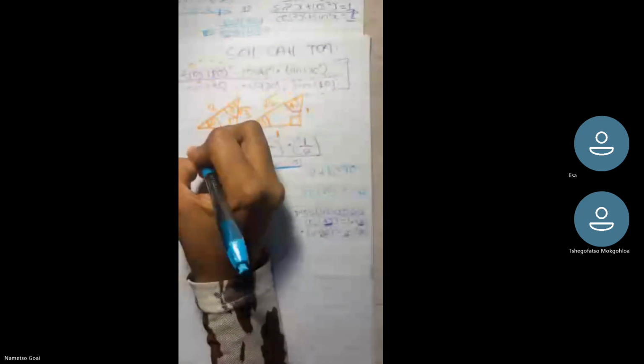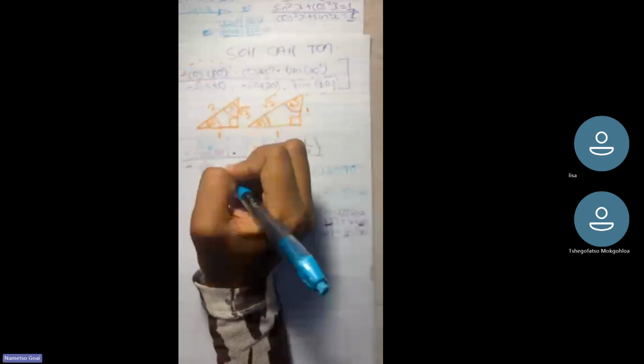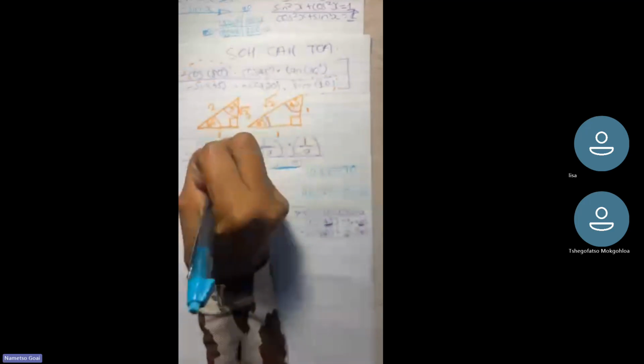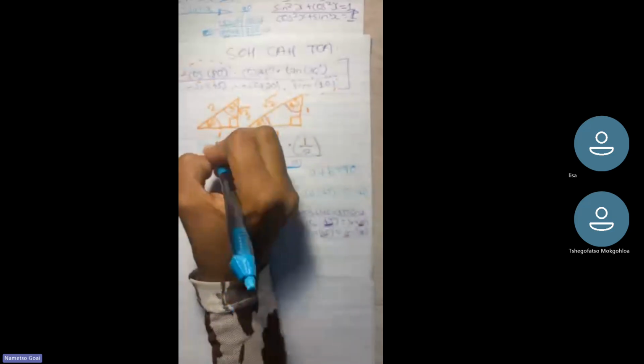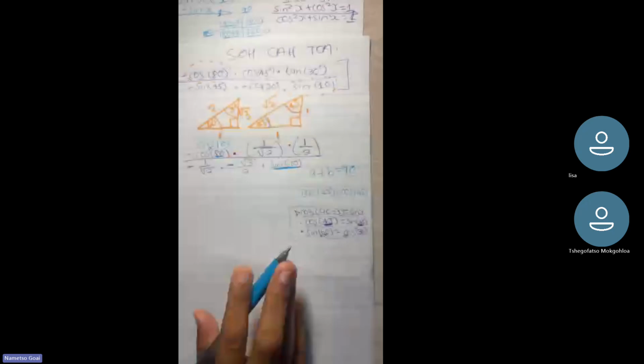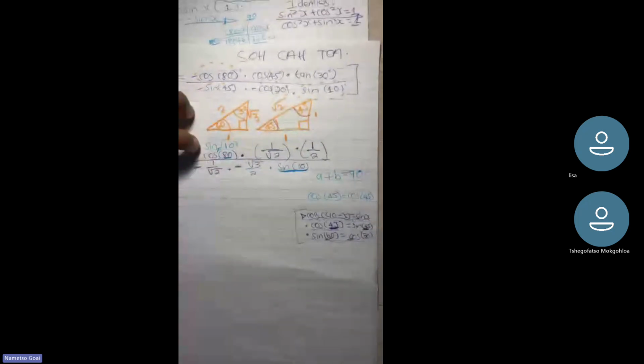The cofunction of cos will always be sine. Now all we have to do is check 80. What more do we need to make this 80 a 90? We just need a 10. So the cofunction of cos of 80 will just be sine of 10.